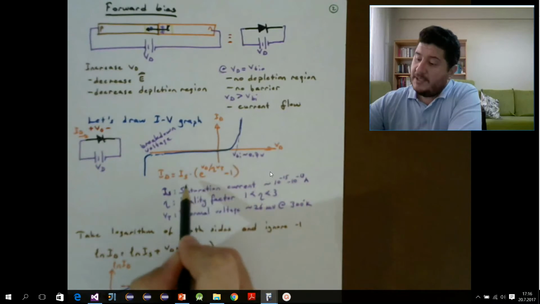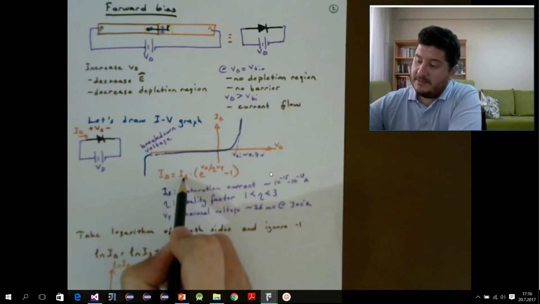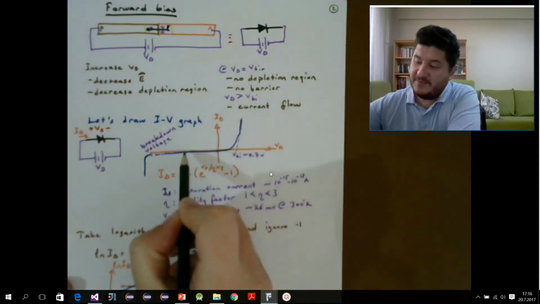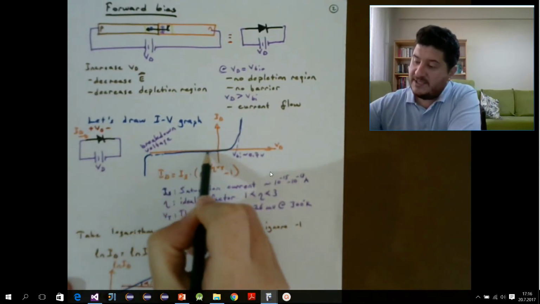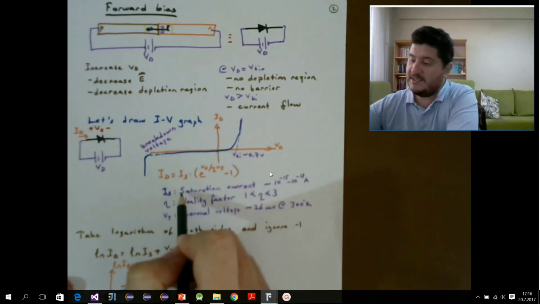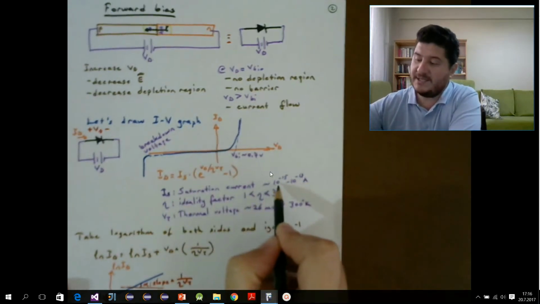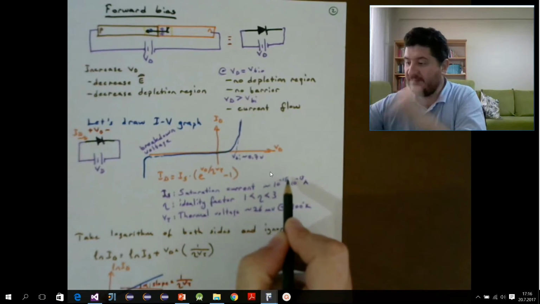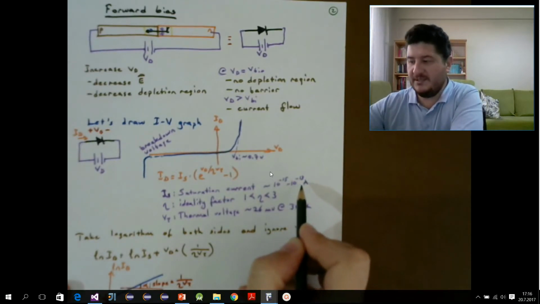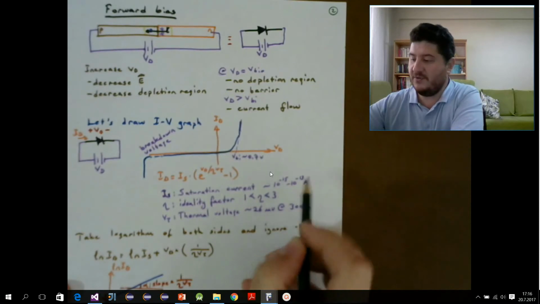IS here is the saturation current, the reverse saturation current. As I said before, there is actually very small current here, and that small current is called IS. That's on the order of 10 to the minus 15 to 10 to the minus 13 amps. Very little current is actually flowing.